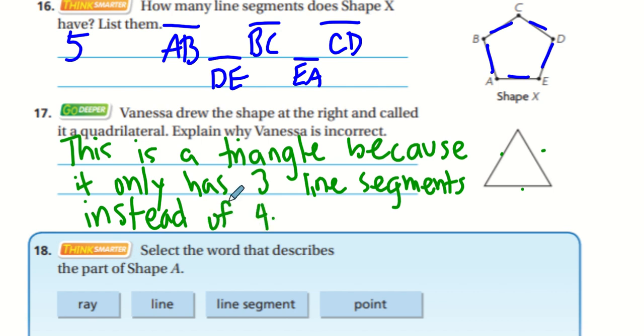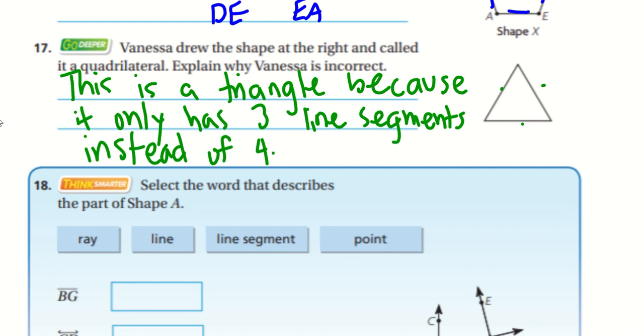Okay, so it can't be a quadrilateral because quadrilaterals have 4 sides. And this triangle only has 3 line segments. Okay, so everybody's writing. Pause the video if you need to have more time to write. It says this is a triangle because it only has 3 line segments instead of 4.